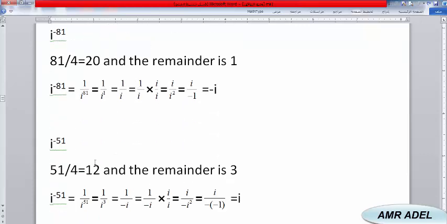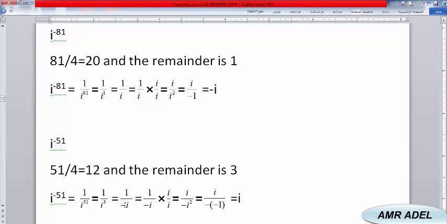Okay? Now look at this example. i power of minus 51. Like before, make it from up to down. It will be 1 divided by i power of plus 51. How to remove this 51? Divide by 4. Make long division. 51 divided by 4 will be 12. And the remainder, down, will be 3. Remove 51, put 3. It will be i power 3. Which is what, as we know from before, which is i multiply i squared.